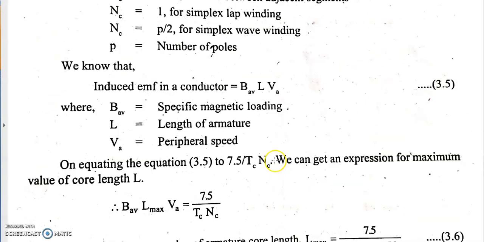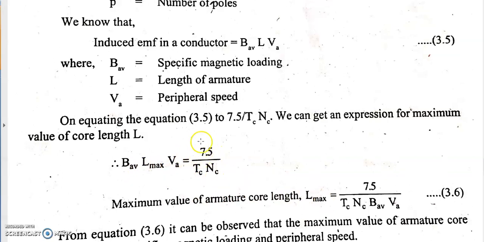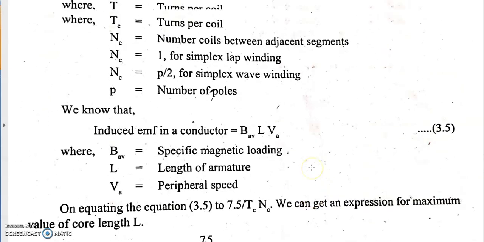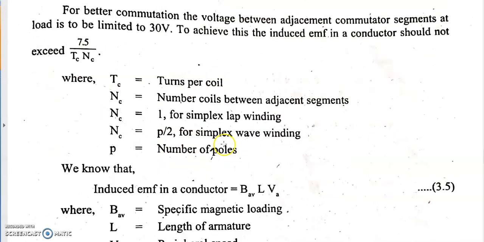So on substituting that condition 7.5 by NCTC over here, this is the induced EMF in a conductor as per the equation BLV. From this, this is the maximum voltage, so what we are getting is the maximum value of armature core length, which can be there without exceeding this voltage criterion for better commutation, that is, voltage between adjacent commutator segments.